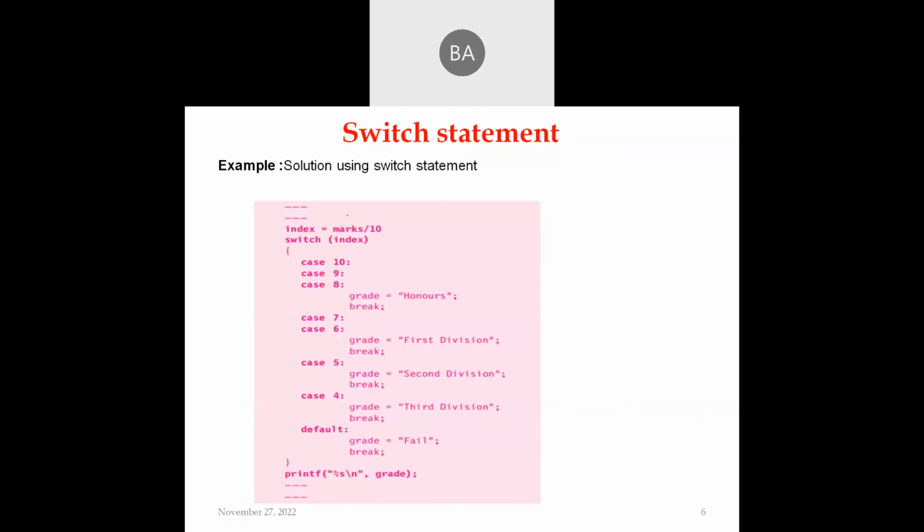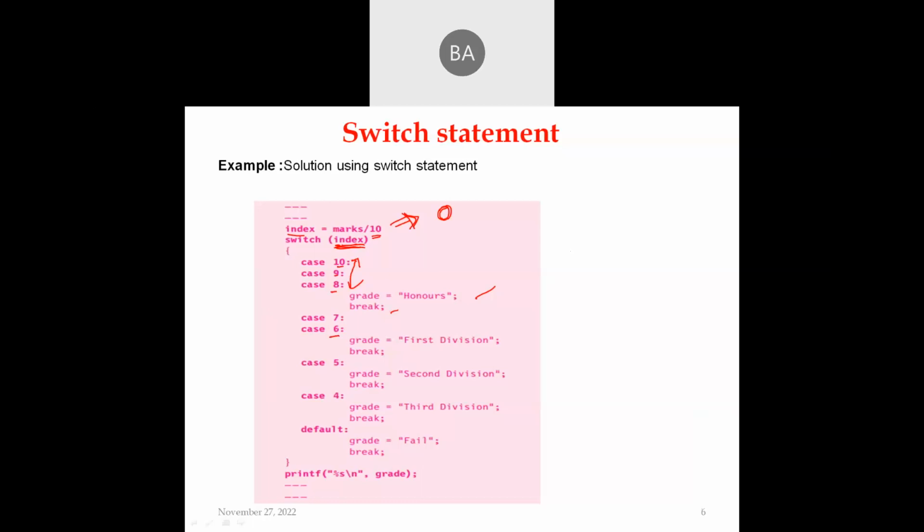You see here, when we are writing the switch statement, the expression should evaluate to a single particular value. For that purpose, we are normalizing the marks by dividing by 10. So we are going to get some index. If it is 8, 9, 10, that means 80 to 100, then grade is honors, then break.